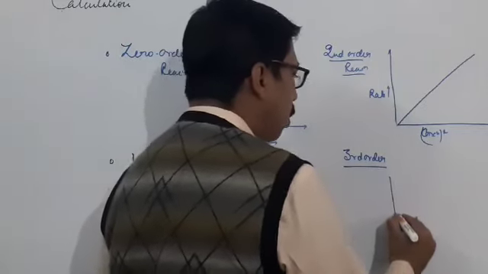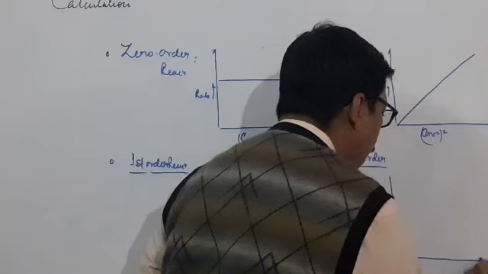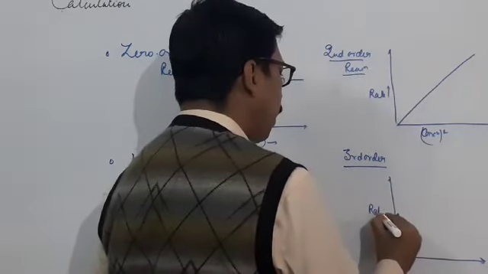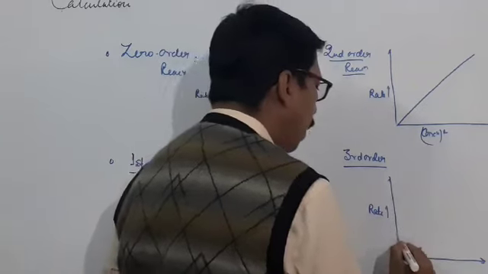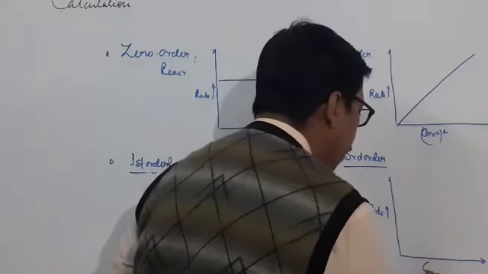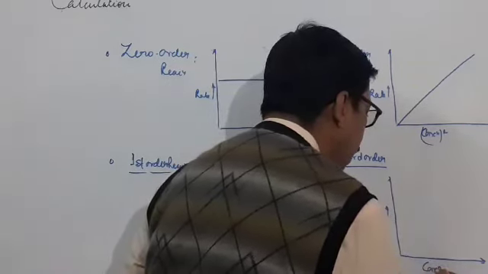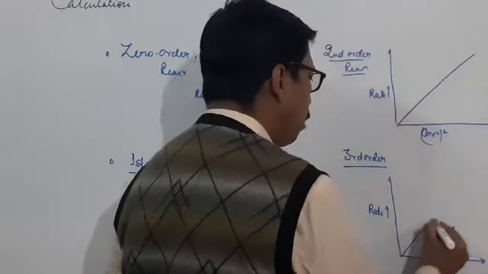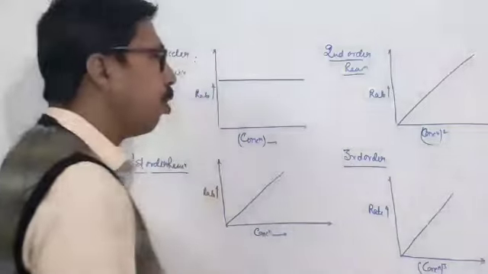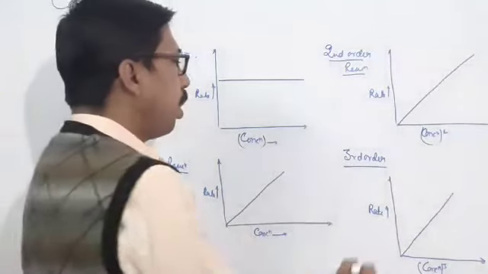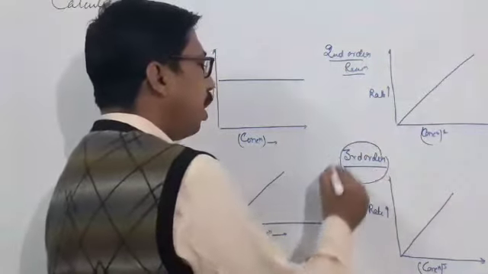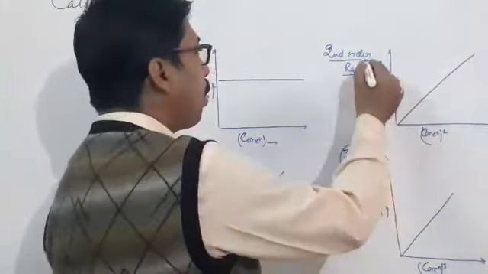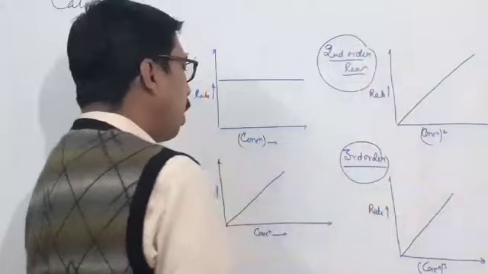If we draw a graph like this, this is rate and this is concentration whole cube, and we observe this type of straight line, which indicates that the reaction is of third order. If we observe this type of graph, second order.